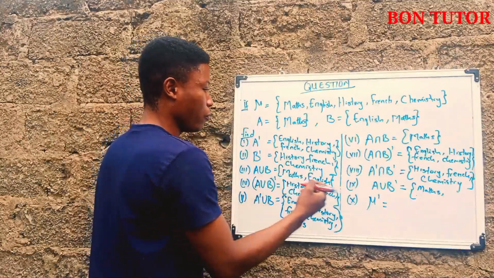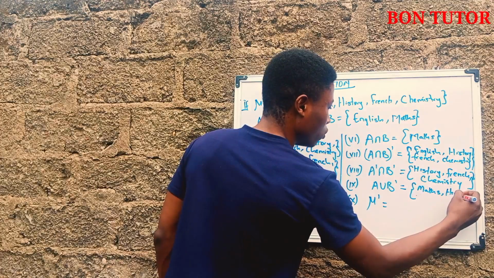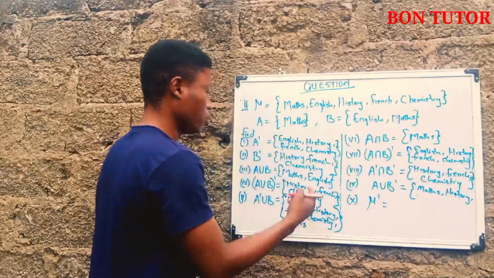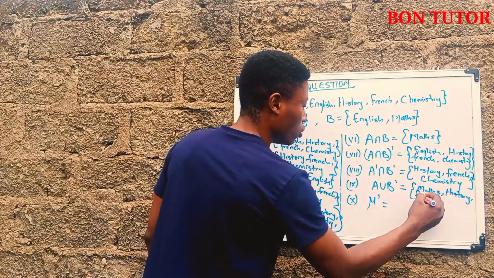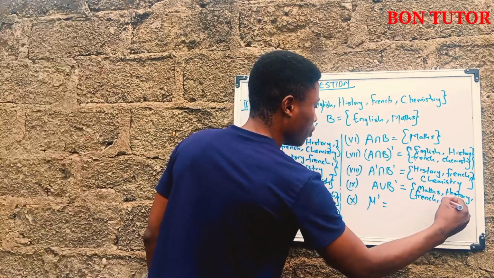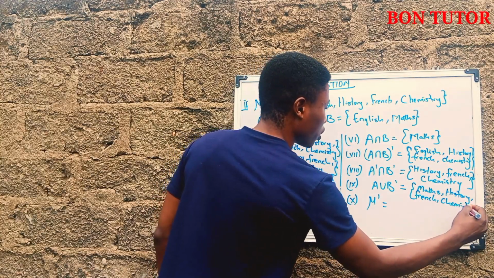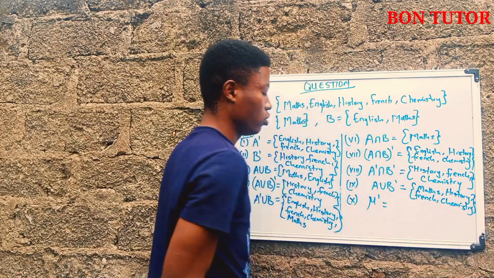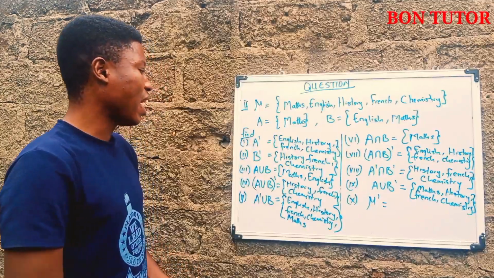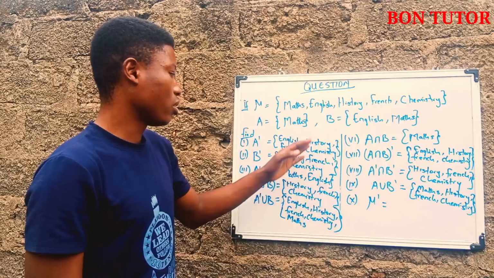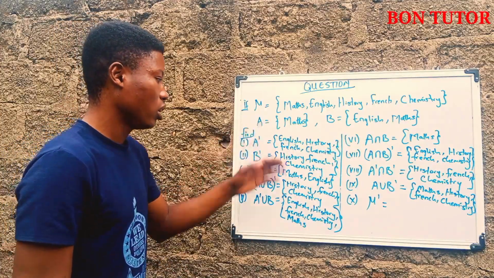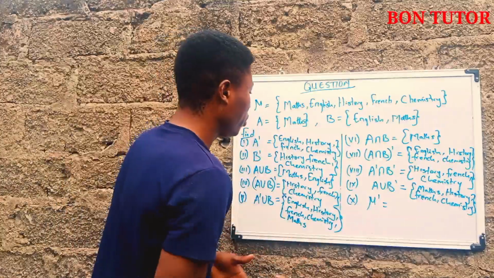Under B prime, you have history, French, and chemistry. Those are the elements you have in A union B prime.